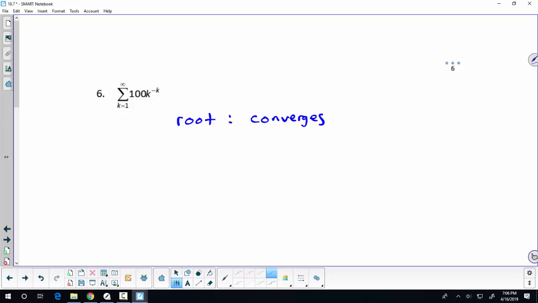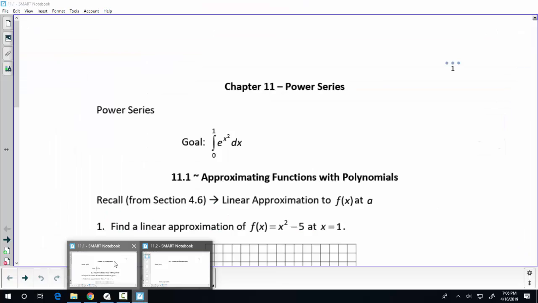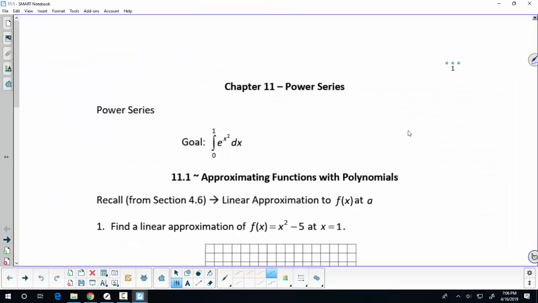Do you all have any questions on 10.7? Okay, then we'll start 11.1. This is where we start to look at power series and specific types of power series, namely the Taylor series. We'll see the definition of a power series, I believe, in the next section.